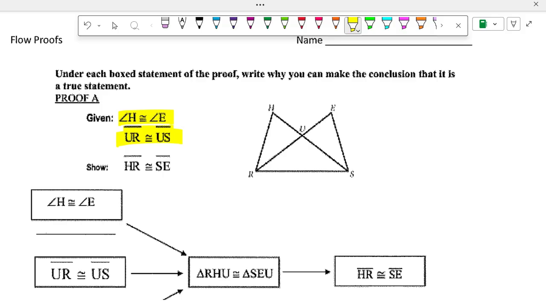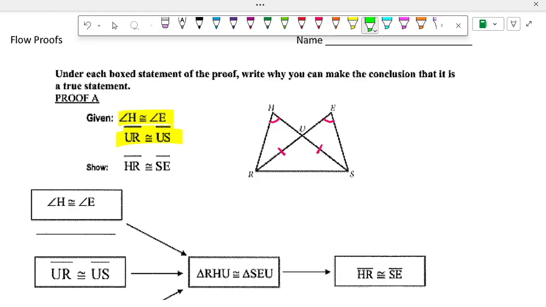Typically with any proof, they have something that's given to you, so you have a place to start. All right. So I always like to mark on my picture what the givens are. So they said that angle H is congruent to angle E. So I'm going to mark those. And segment UR is congruent to segment US. So UR is congruent to US.